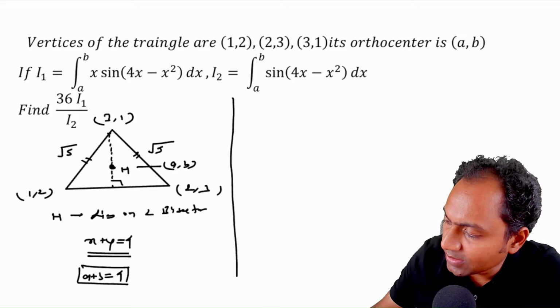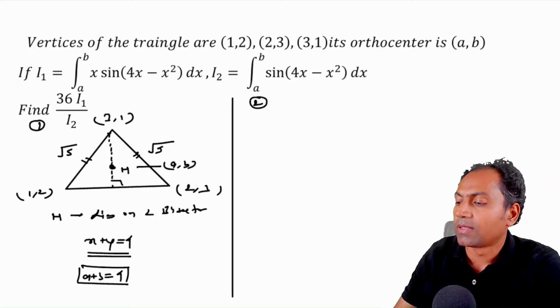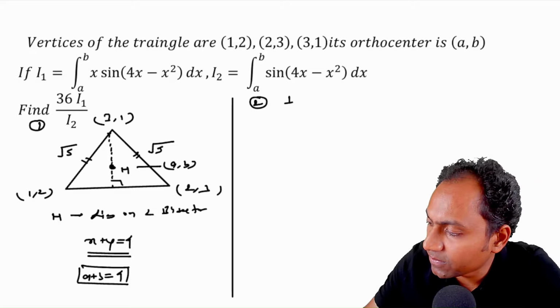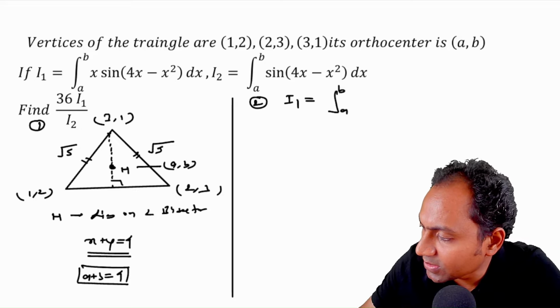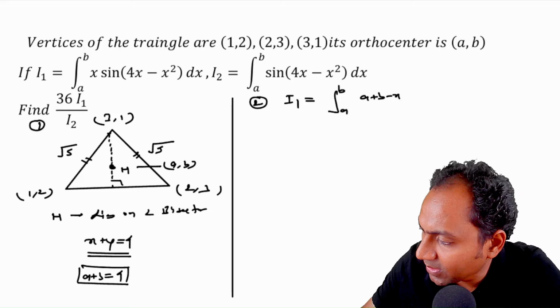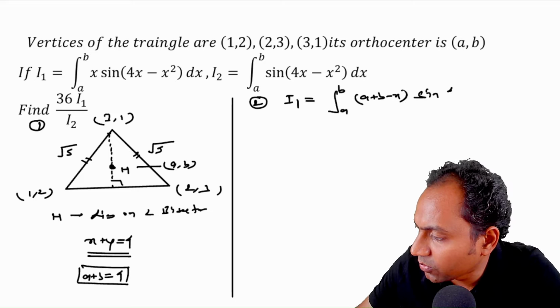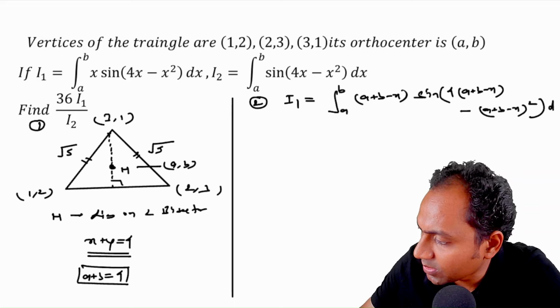Now once you have done this, that is the first part, the second part is connected with integration. What we can observe here is if I take my I1 and apply King's property, then I will write this as a plus b minus x, and this also becomes 4 times a plus b minus x, and the last part also becomes (a plus b minus x) whole square dx.